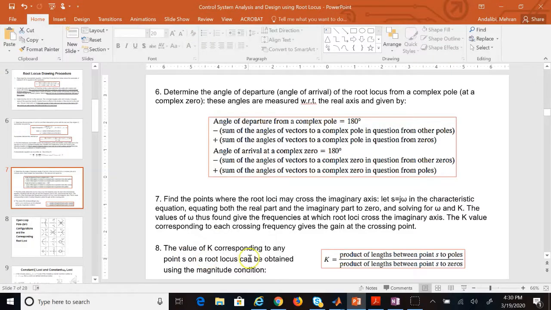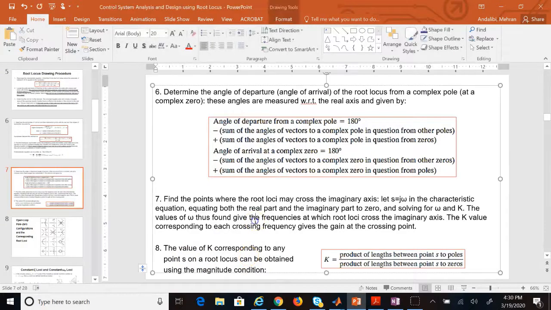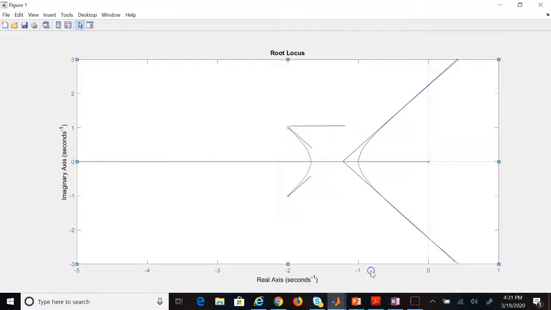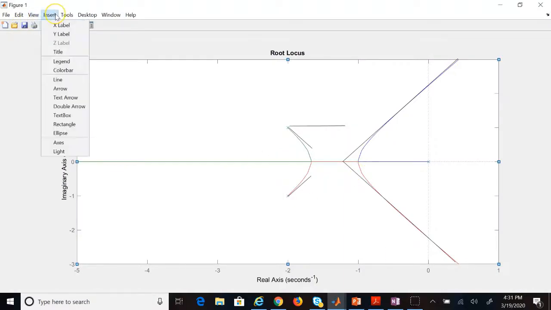Finally, number 8 is not a part of root locus, it's just number 7. Number 7 says, now find where the root locus hits the imaginary axis. Find the intersection points, and these are extremely important. So here, if you look, what it is asking from us is, can I draw an ellipse?